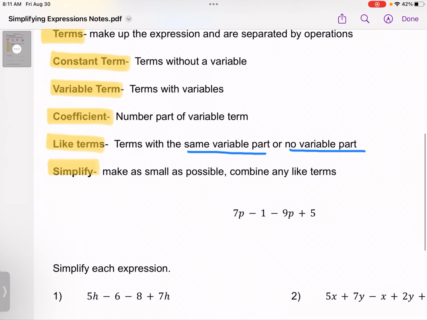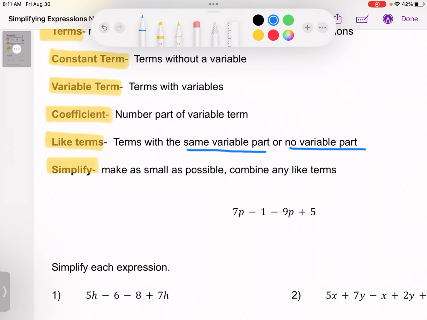And so let's look at this expression right here that I gave you as an example. 7p, -1, -9p, and 5. Each one of those is considered a term. They're all separated by adding or subtracting. 7p and -9p, notice I'm taking the sign in front of it with it.